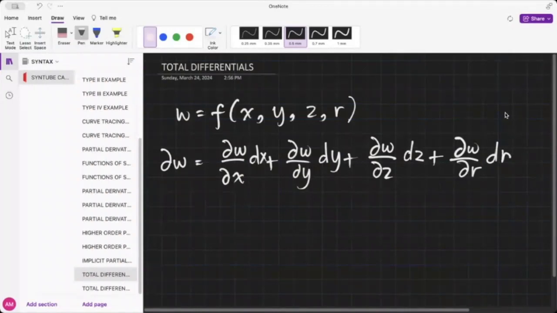It also has its applications, but for now, this is just the formula for getting the total differential.